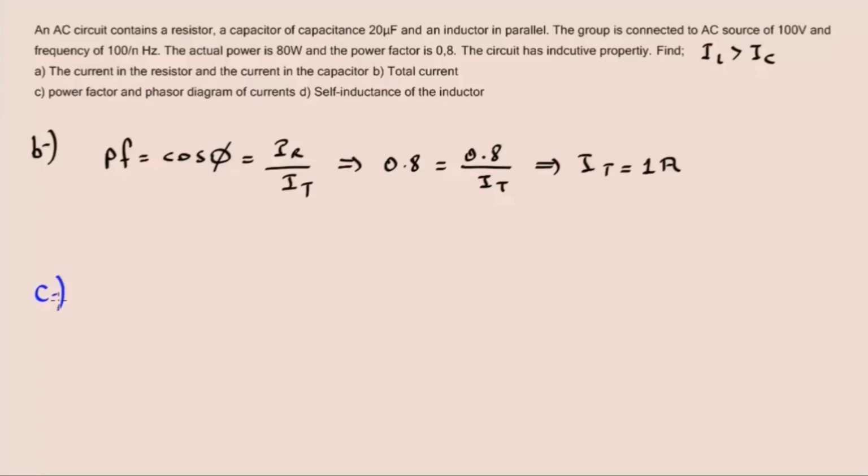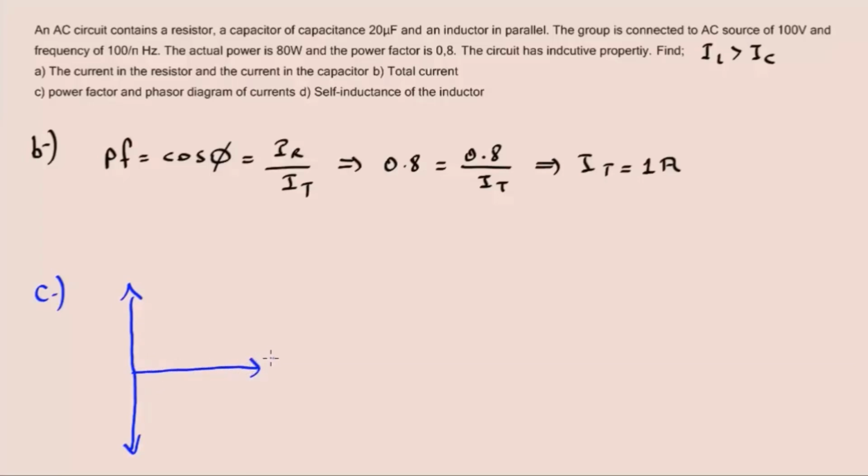Choice C says power factor, which is given in the question already, and phasor diagram of current. Let's draw the phasor diagram for the current.